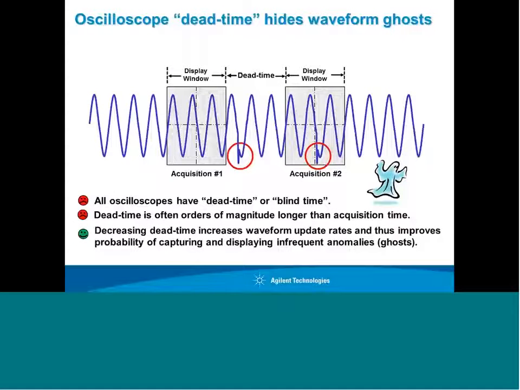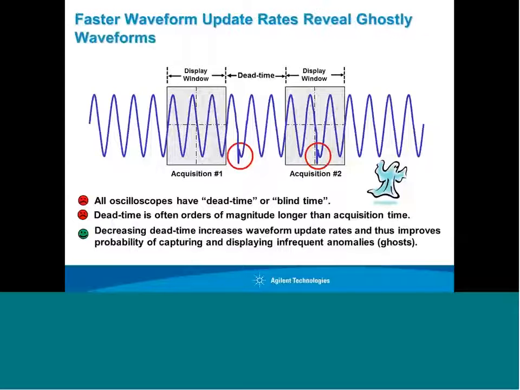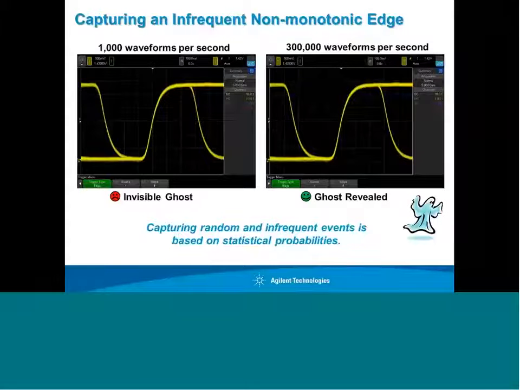Here we show a scope that has decreased dead time, and now we missed 1 anomaly, but we captured 1 anomaly. So decreasing dead time will increase waveform update rate, which will improve the scope's probability of capturing an infrequent event.